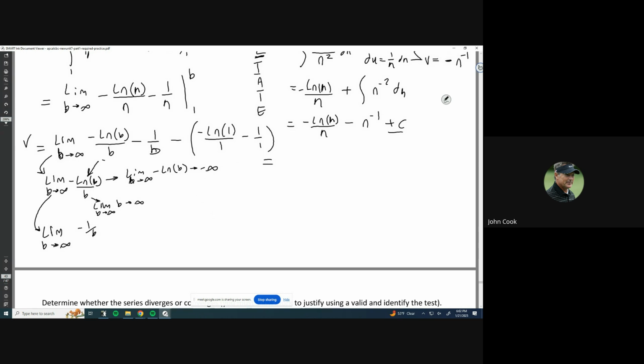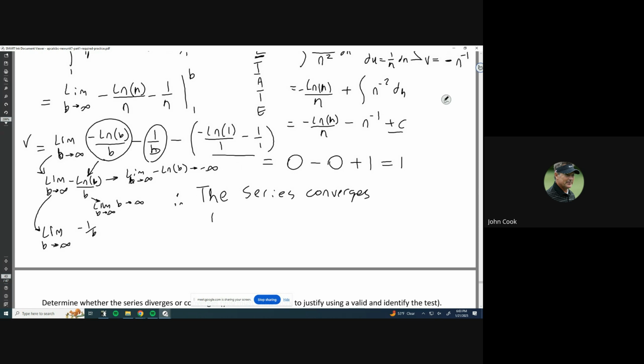So this becomes 0 minus, and this is also going to be a 0. And then all this stuff just becomes positive 1. So it just goes to 1. So that means that this thing is going to converge. So therefore, the series converges by the integral test.